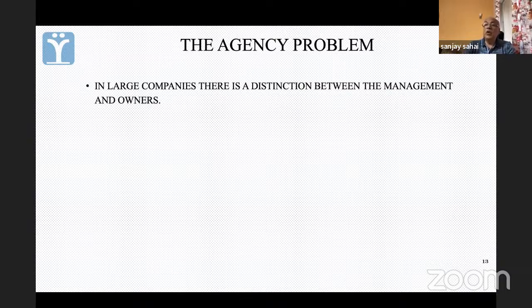This person is your agent. In legal terms, this person is your agent. You are the principal. You are the main person, but you cannot go to Germany. So you have entered into this arrangement with this German national who will be working on your behalf for a commission.